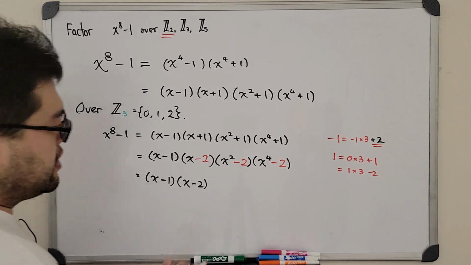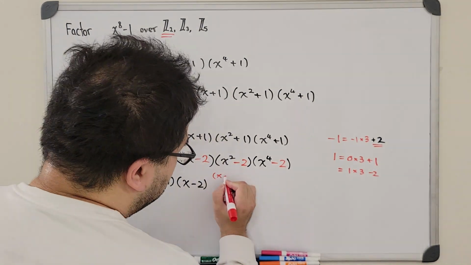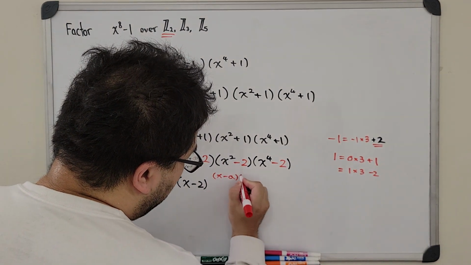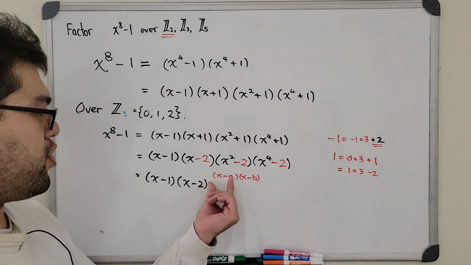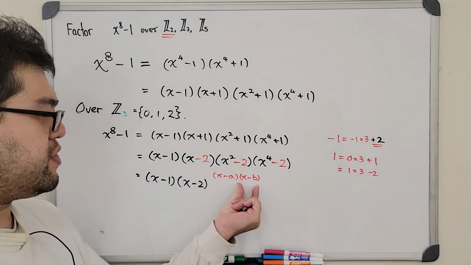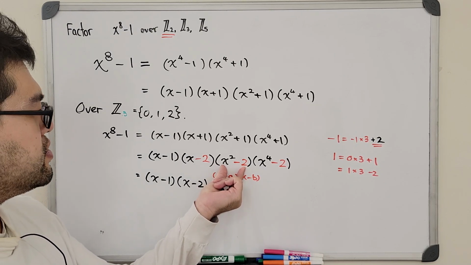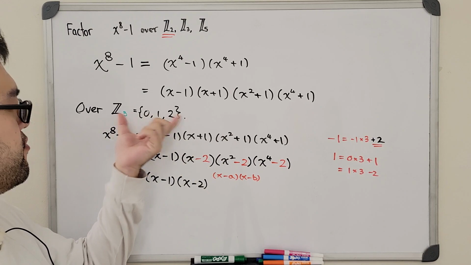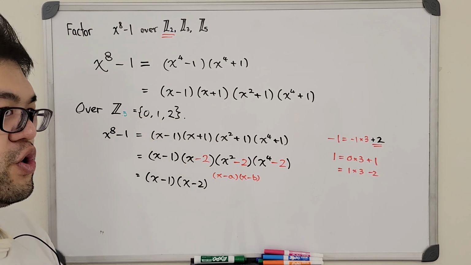Then we will assume that there exist some a value and some b value such that the product of x minus a times x minus b is equal to x squared minus 2 over the ring that we have, which has 0, 1, and 2 as our coefficients.